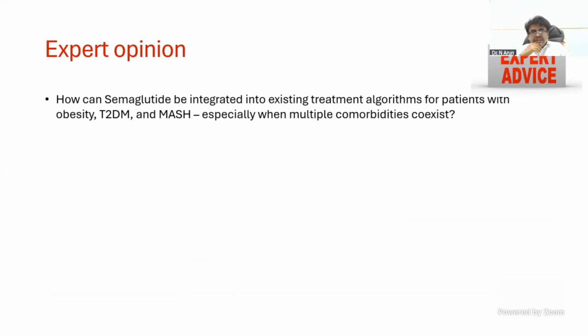Can semaglutide be integrated into the existing treatment algorithm? No doubt about that. This has been discussed. Once the patient has F2 to F3 fibrotic changes, which means the fibrotic markers tend to be on the higher side, if the patient shows evidence of F2 to F3 in the background of obesity, metabolic syndrome, it's better to add on semaglutide.